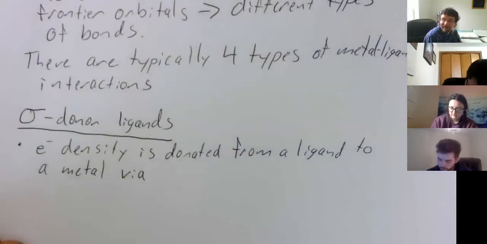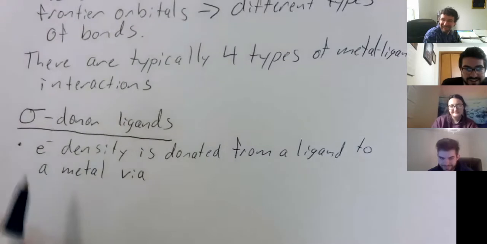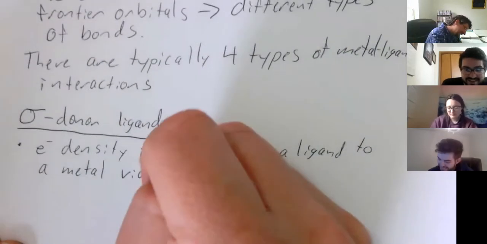What type of bond do you think? D to a. Probably sigma. Yeah, sigma, via sigma bond.